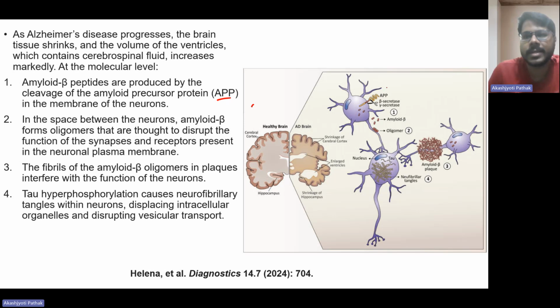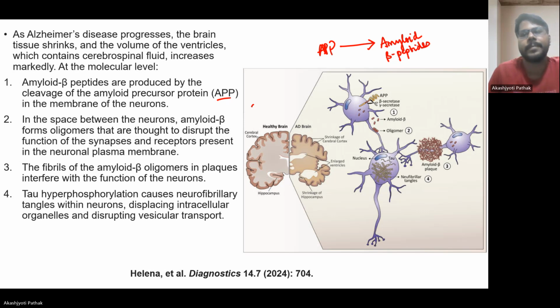So there is the amyloid precursor protein, and it can be cleaved or uncleaved. Once this amyloid precursor protein is cleaved, it forms amyloid beta peptides.